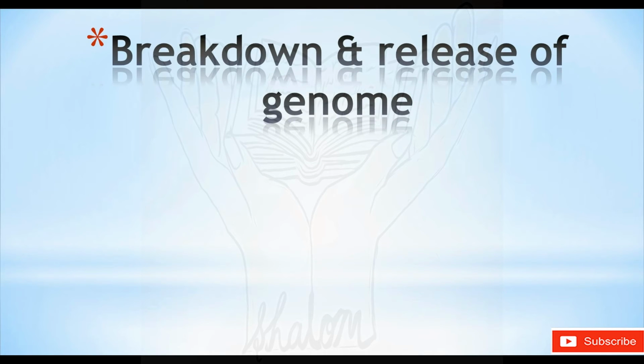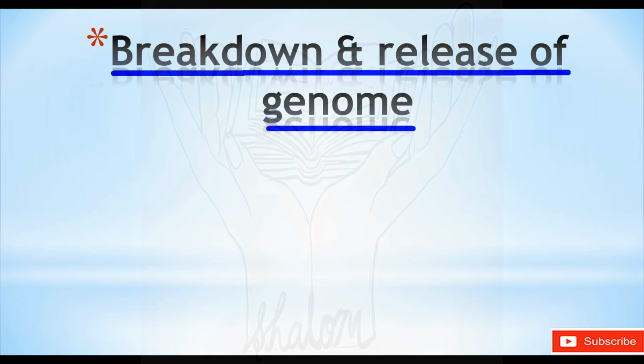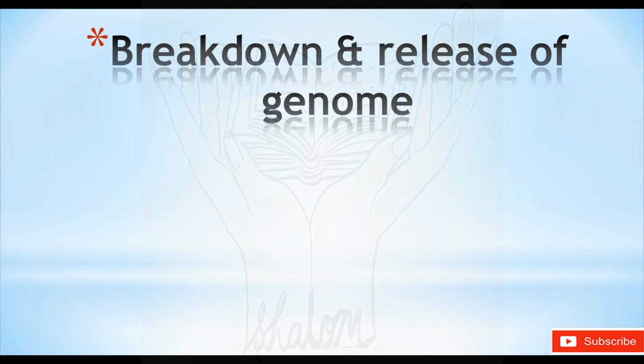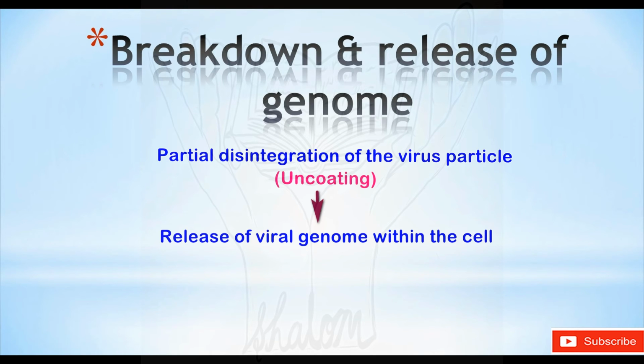So the third characteristic of viruses is about breakdown and release of their genome. Basically they break down and release the genome inside the living cells. Replication of viruses is different from other pathogens that can multiply inside host cells only, in such a way that virus replication begins with partial disintegration of the virus particle. So uncoating occurs and thereafter there is a release of the viral genome within the cell.